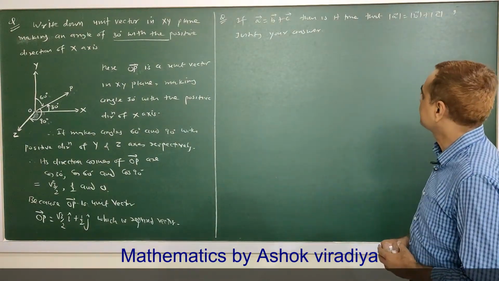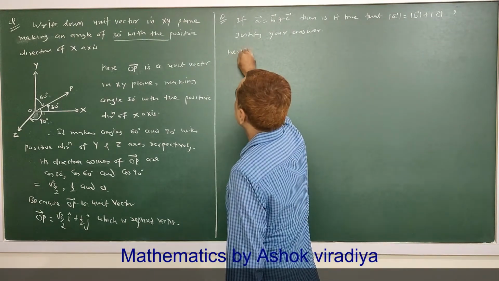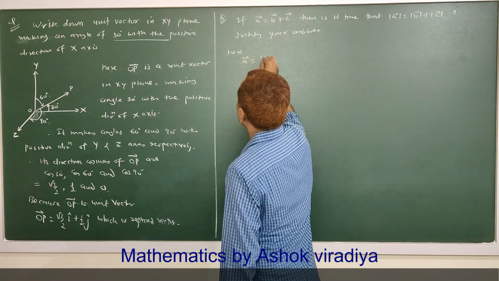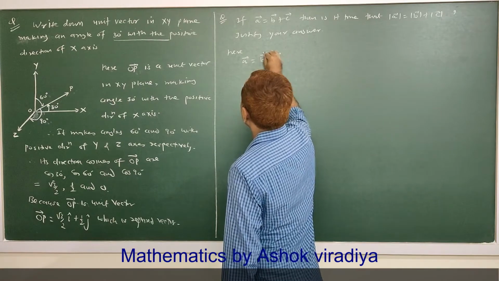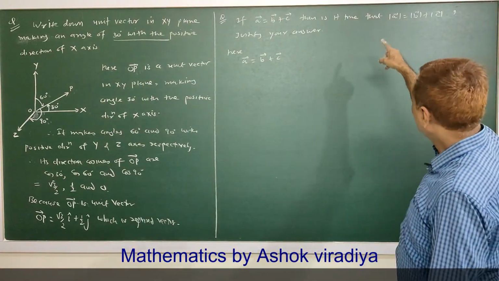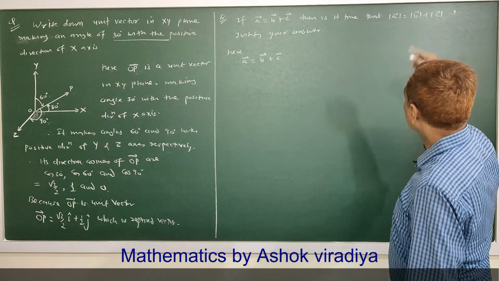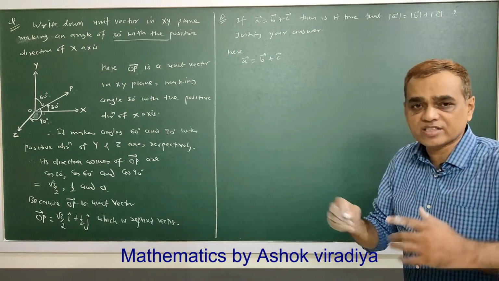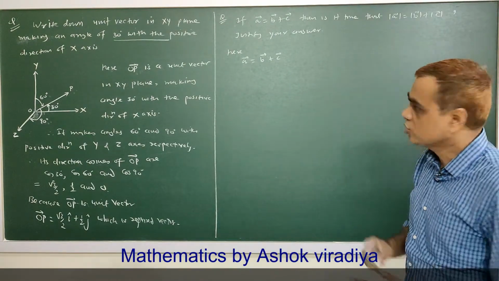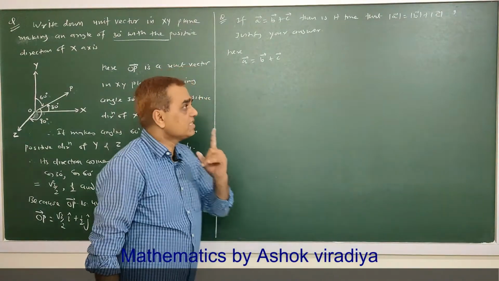Now in this question, if vector A is equal to vector B plus vector C, then is it true that magnitude of A is equal to magnitude of B plus magnitude of C? Justify your answer. So here vector A is equal to vector B plus vector C is given.